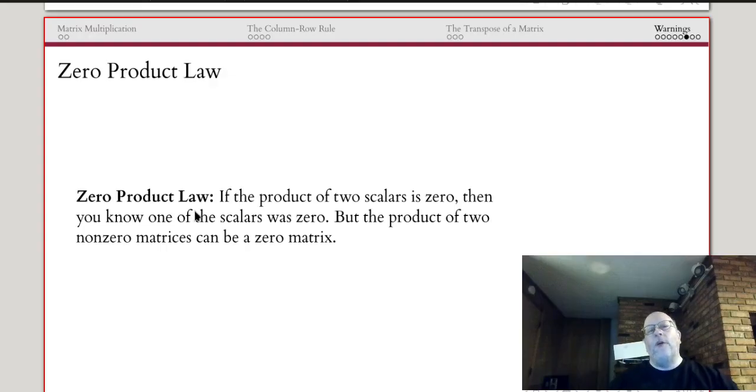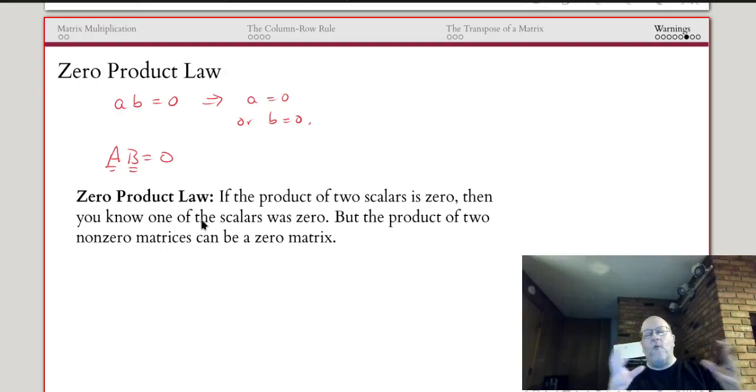And the third rule that doesn't apply is that if we multiply two scalars, if a times b is equal to 0, then I know that either a is 0 or b is equal to 0. But with matrices, I can have a matrix that's not 0 and a matrix that's not 0, but are engineered in such a way that when we combine them, the total turns out to be 0.